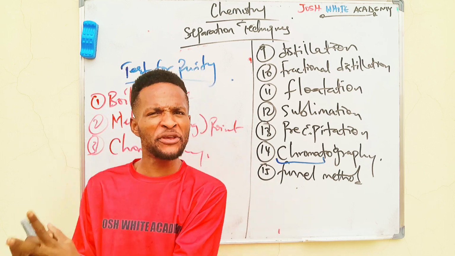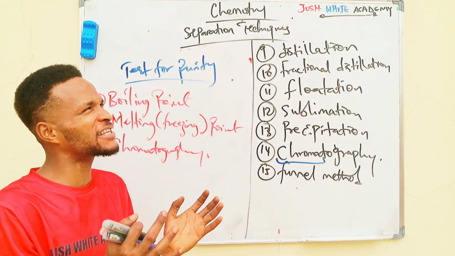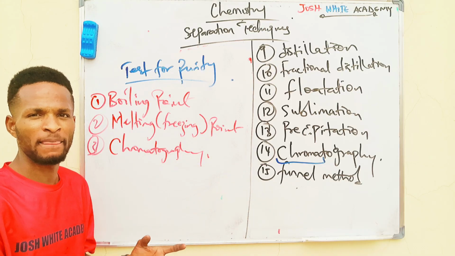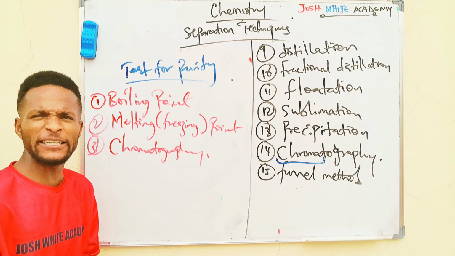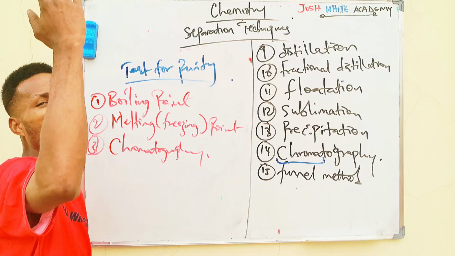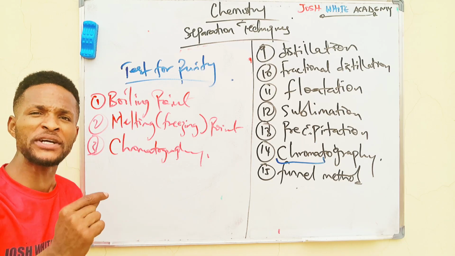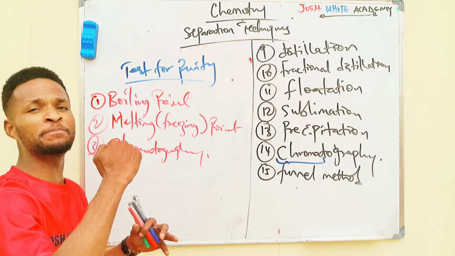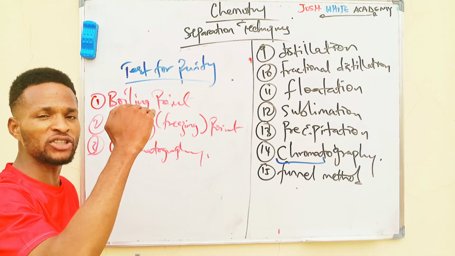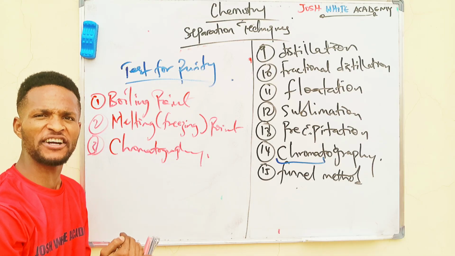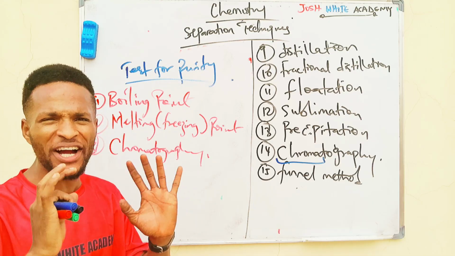But if there are impurities in that water, let's say for example a salt solution, where salt is inside the water, it makes it boil above the boiling point, because impurity and pressure increase the boiling point but lower the melting or freezing point.